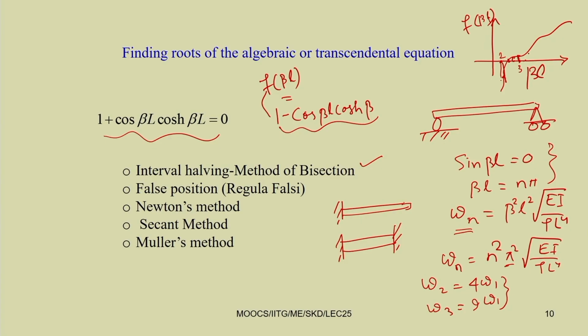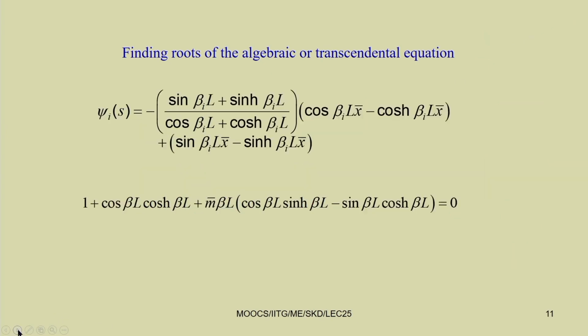That way we can go on iterating and find a value for which this f of beta L will be equal to 0. So, using this basic principle, we can find the root of this equation.